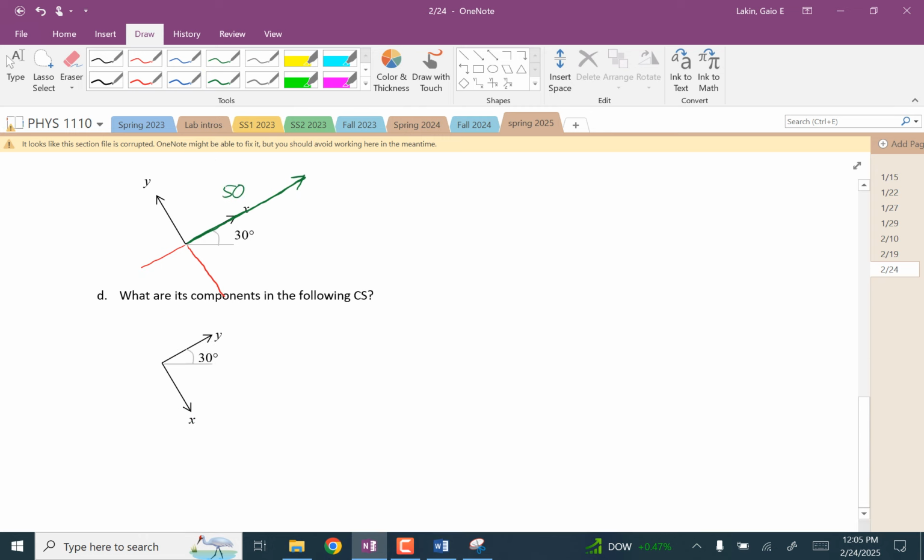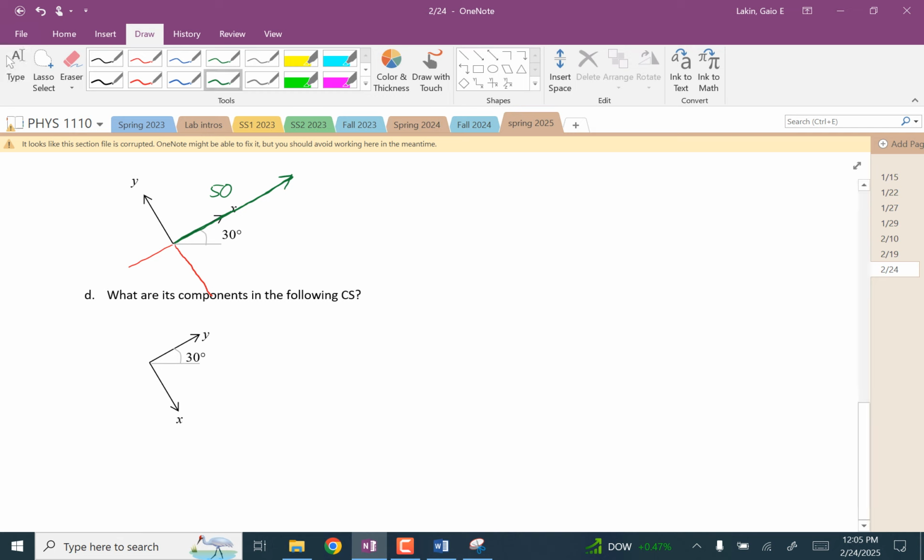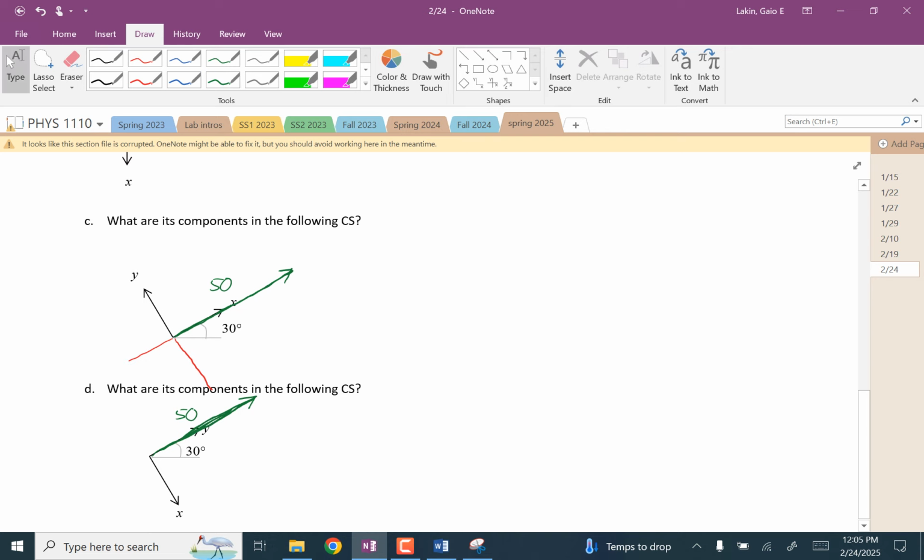And for this one, same thing, the vector is 30 degrees above that horizontal, so the vector just goes like this with a length of 50. I think that's probably more than half of the problem, just getting it positioned right on there.